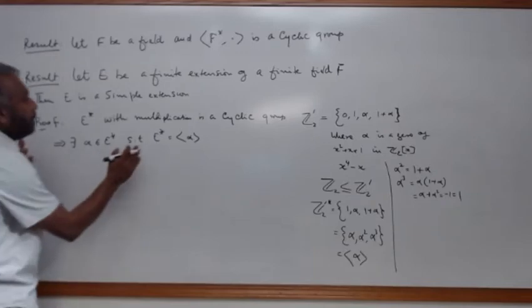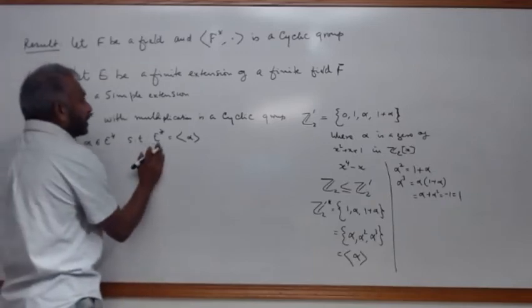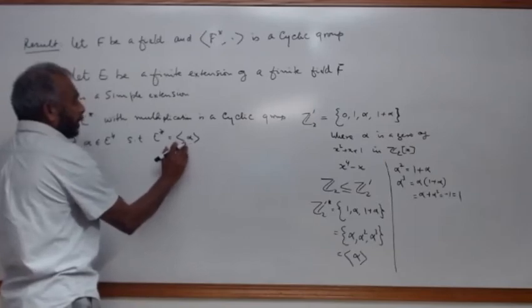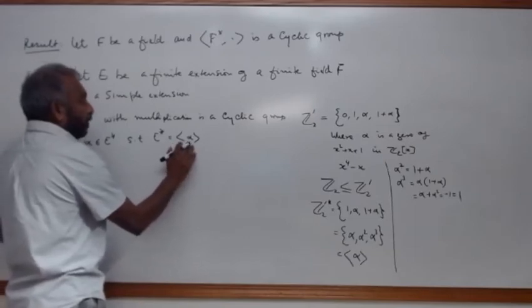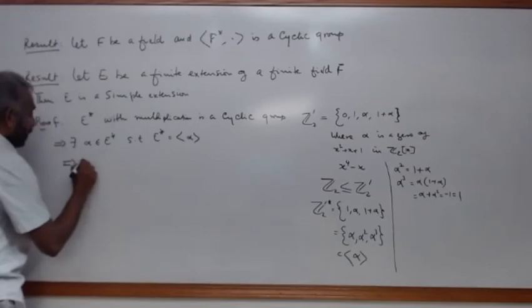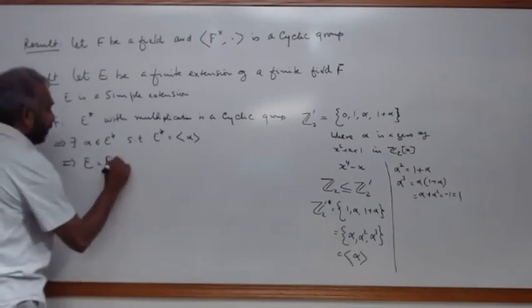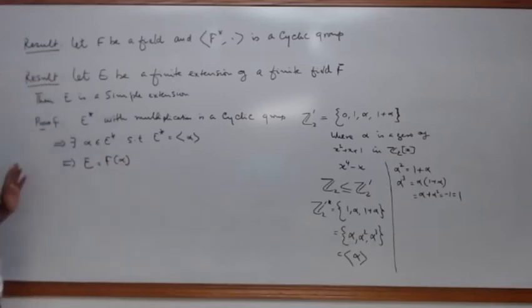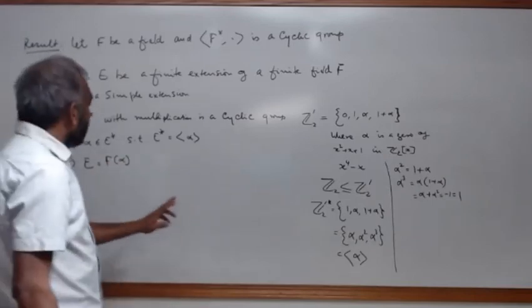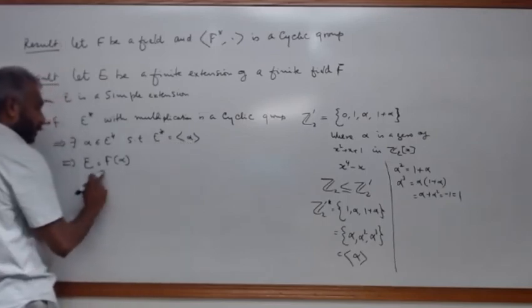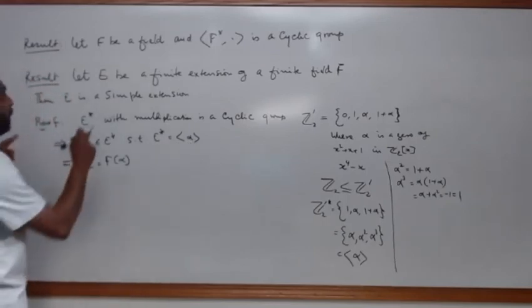So every element of E star is generated by alpha. So that means E is equal to F of alpha, because the whole thing is generated by this. So here we should be very careful.